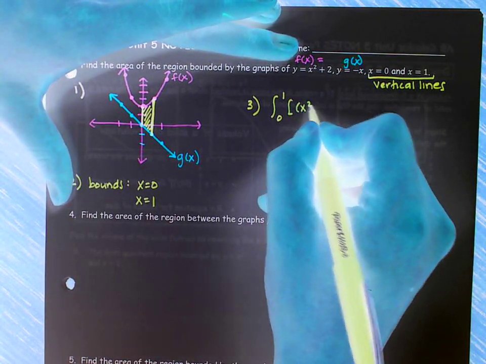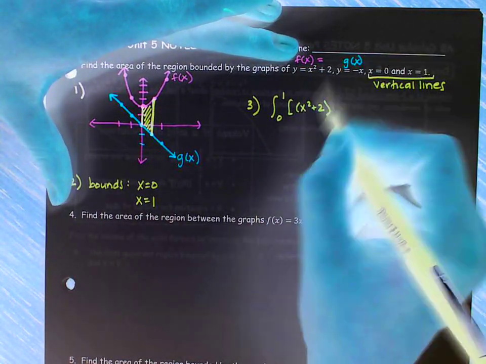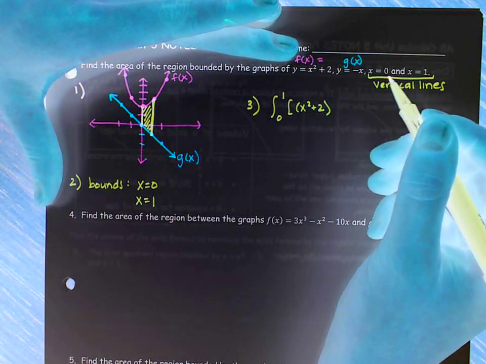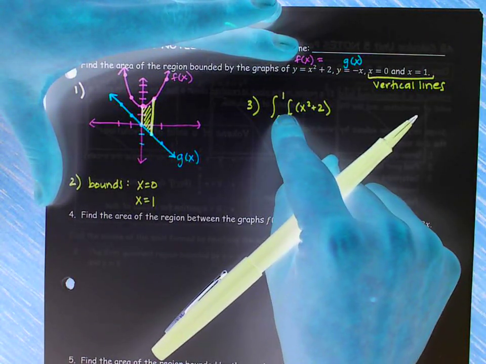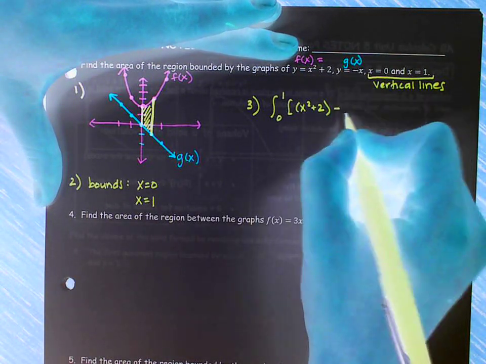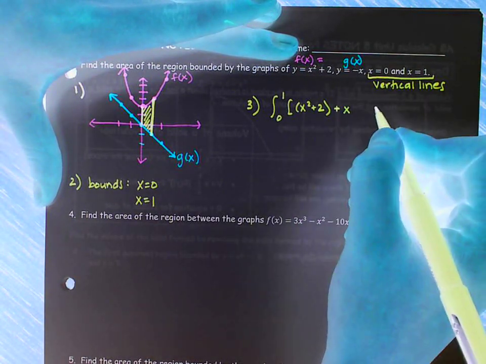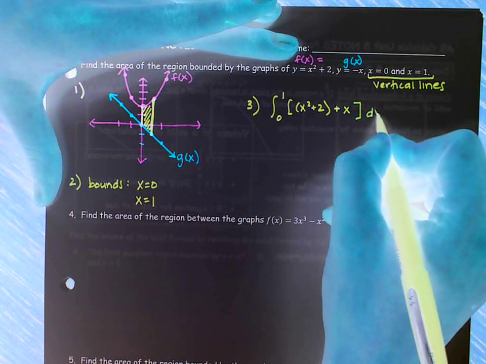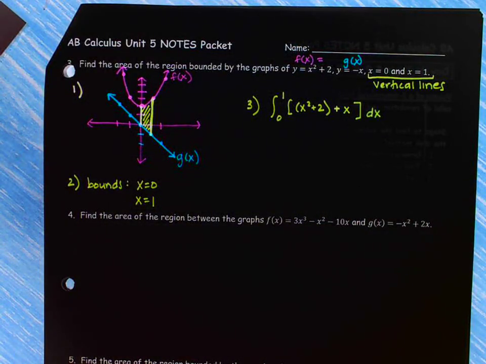So x squared plus 2. Notice how I'm using my brackets and parentheses. I'm going to be subtracting 2 functions, but I need that dx to apply to everything. So I've got my bracket in the front. I've got f of x minus g of x, which is minus negative x. So I can really just write that as a plus x, dx. And we've got space this time, so we'll do this by hand.